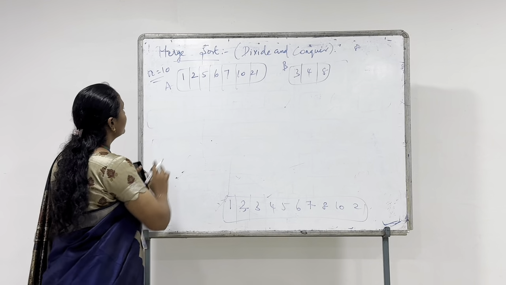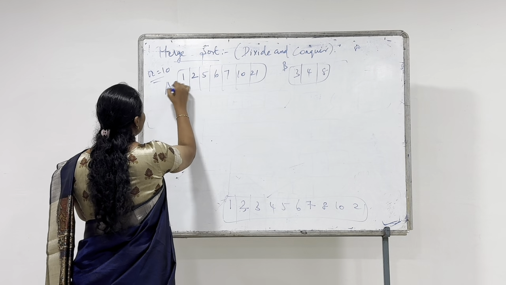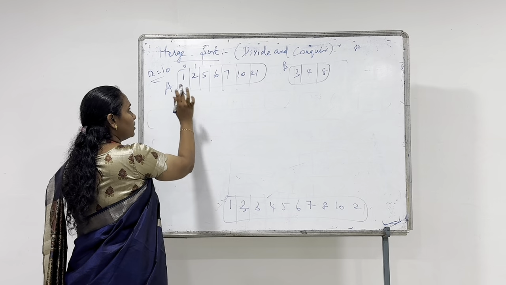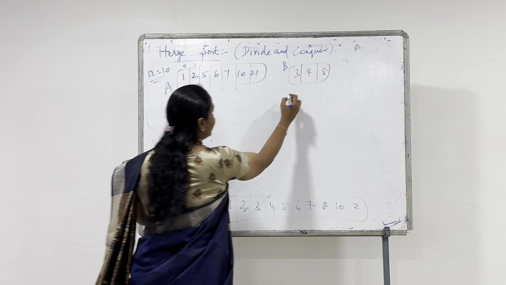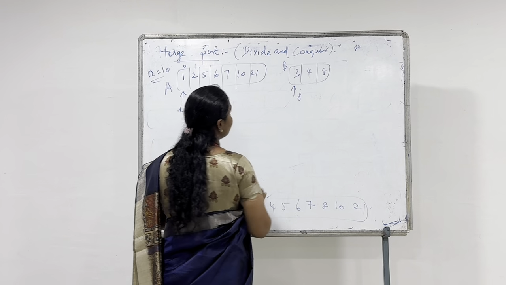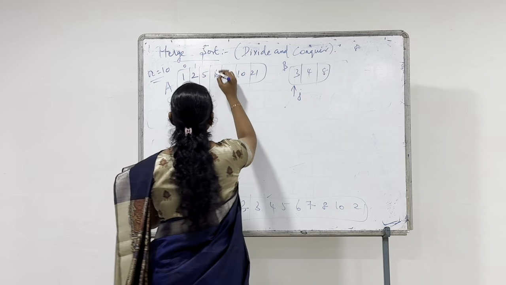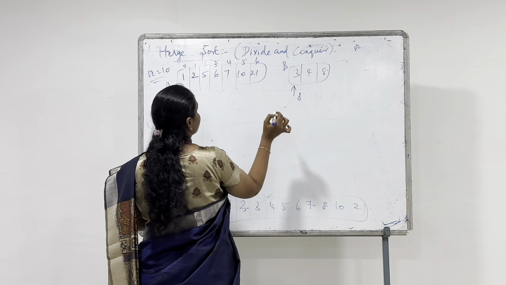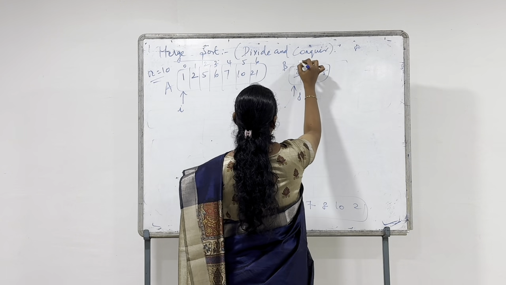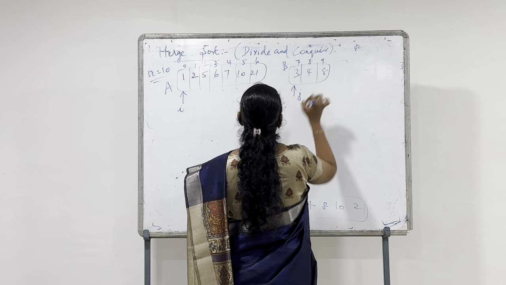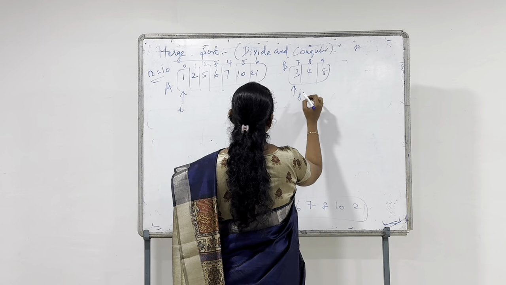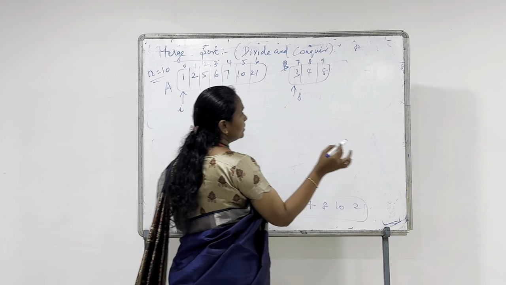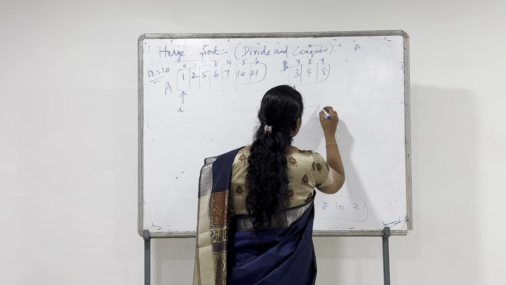this sorted array. For doing merge sort, use two pointers. For the A array there is a pointer which is I, and for the B array there is a pointer that is J. So this is the array B, and our resultant array is called the C array.